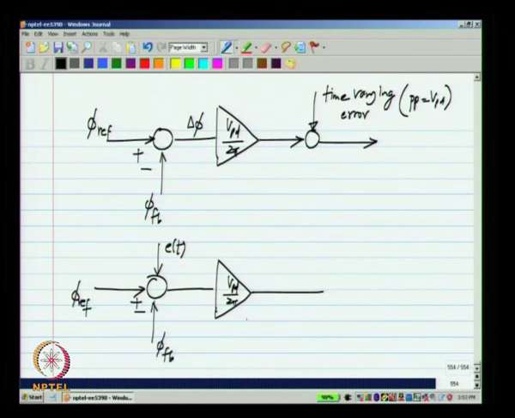The difference between phi ref and phi FB will be delta phi. To that we have added E of t, and E of t has a waveform like that, which has a peak to peak value of 2 pi. Okay. It has a 0 average, that means that the positive area equals the negative area.